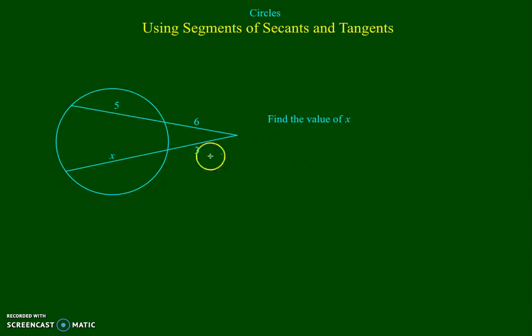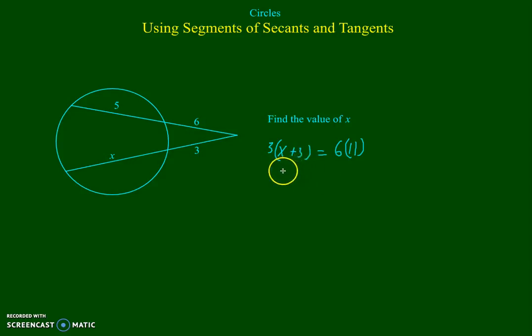We know that the entire secant segment is x plus 3, and we're going to multiply that by its external piece, which is 3. And that's going to equal the entire secant segment, which is 5 plus 6, and we're going to multiply that by its external segment, 6.